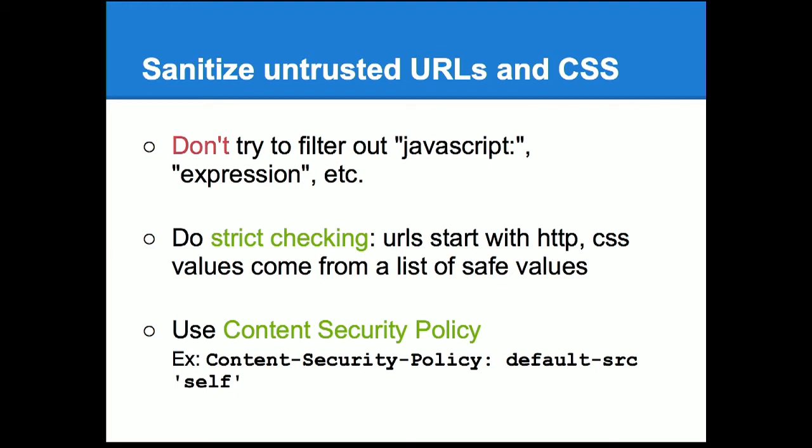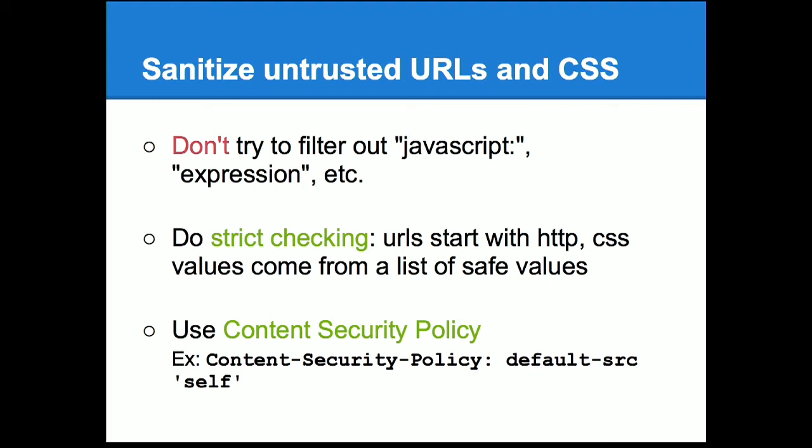The general approach, as with most security problems, is to whitelist instead of blacklisting. So you may think you would be safe if you just take all instances of the word javascript: out of your input and replace them with an empty string. But actually, you could imagine an attacker putting some white space in between the Java and the script there.